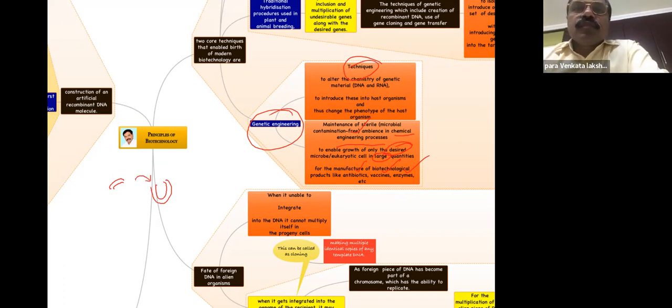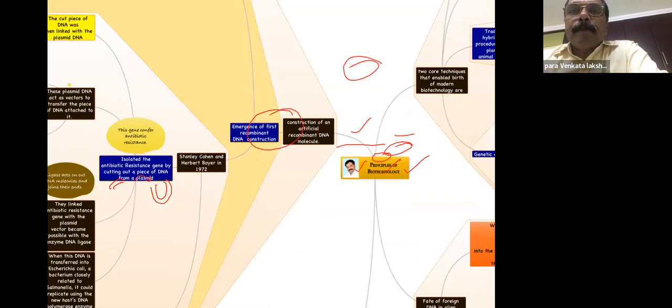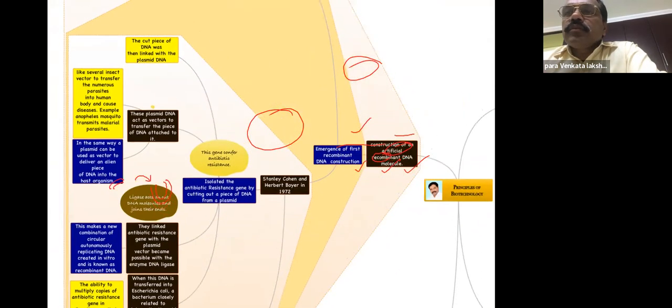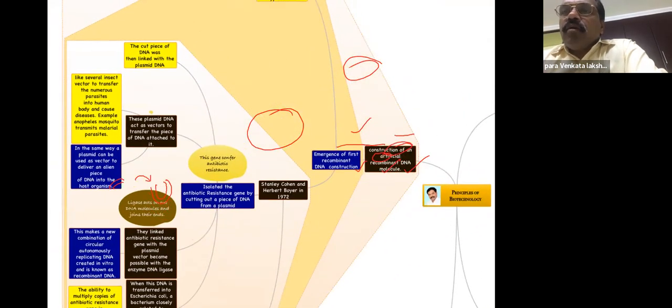Then here, a few points. First, recombinant DNA construction.